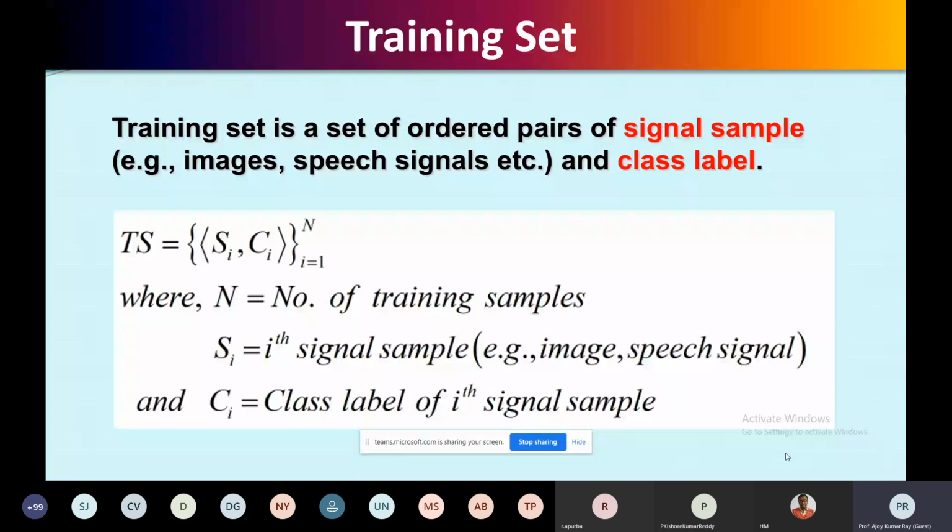So as you can see, there may be images, there may be videos. Video means what? Series of fixed, stationary images, say 30 frames per second in a video camera. So these 30 frames, each frame becomes one signal sample. Similarly, speech signal. Human speech signals go from 300 hertz to 3300 hertz, almost 3.5 kilohertz.